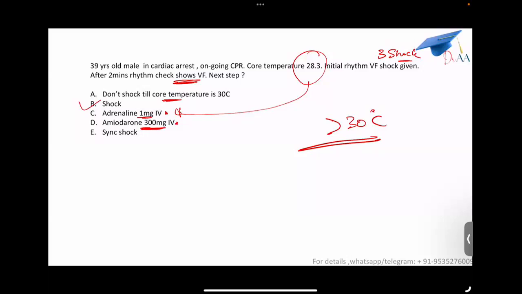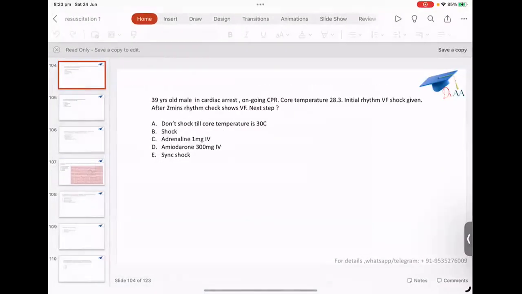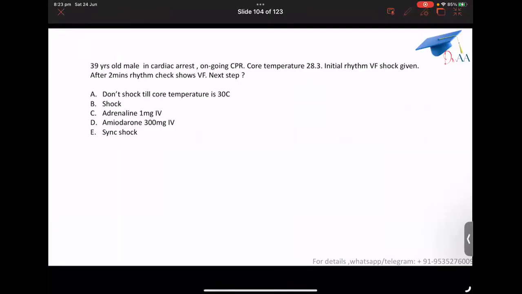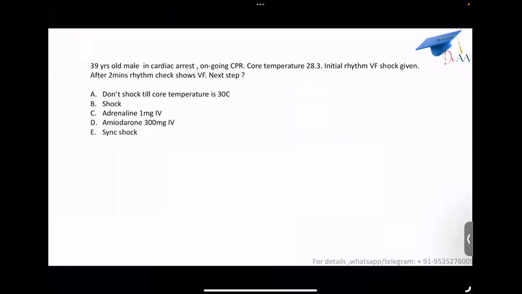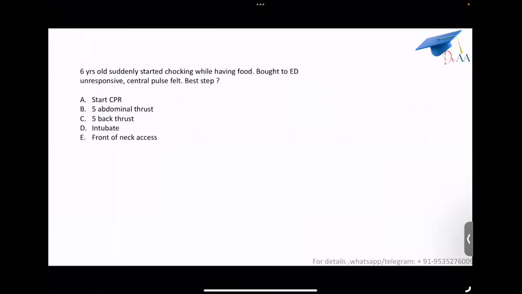Amiodarone you can still give after 3 shocks because you are following the standard ALS algorithm. They have not mentioned any changes for amiodarone, they have just mentioned the changes for adrenaline and shocks. They usually love to test you on adrenaline and shocks because those are the changes. So remember those changes. Don't forget, one question for sure for hypothermia will appear in the exam.